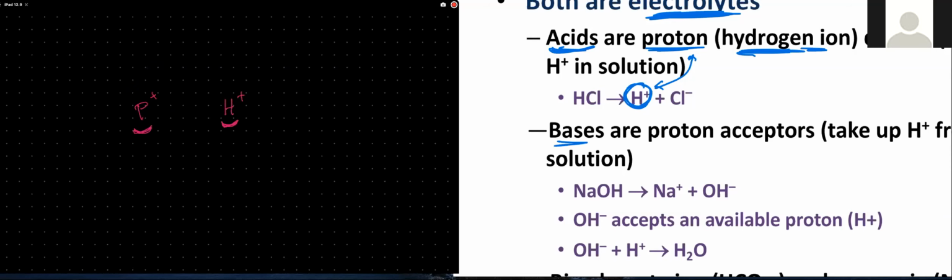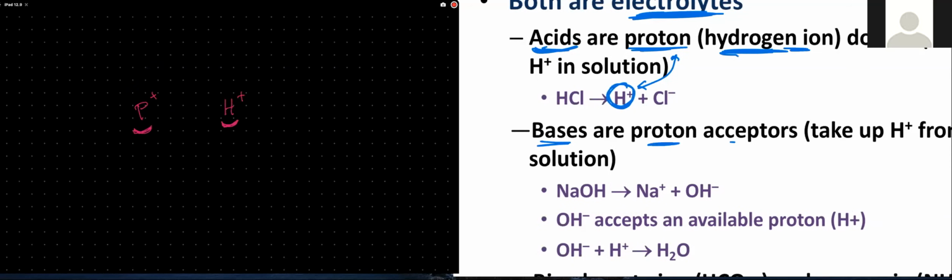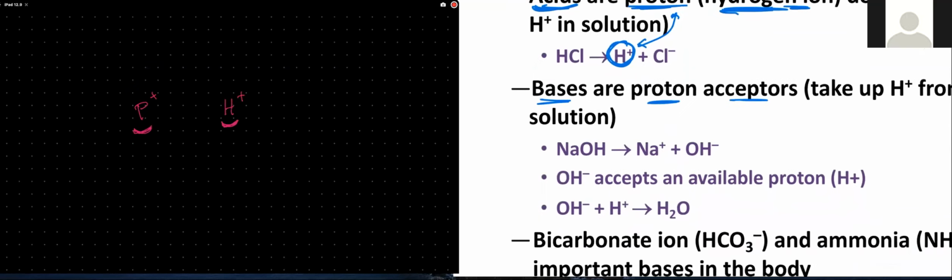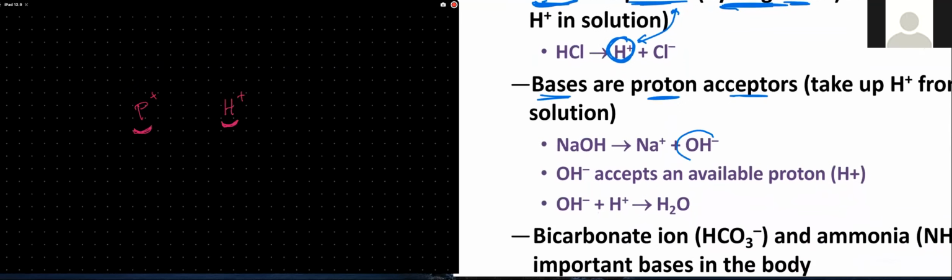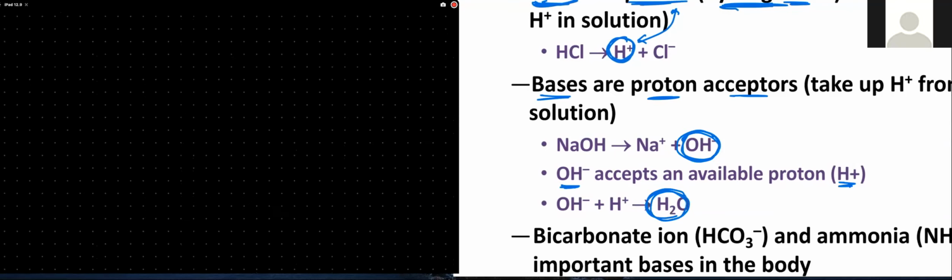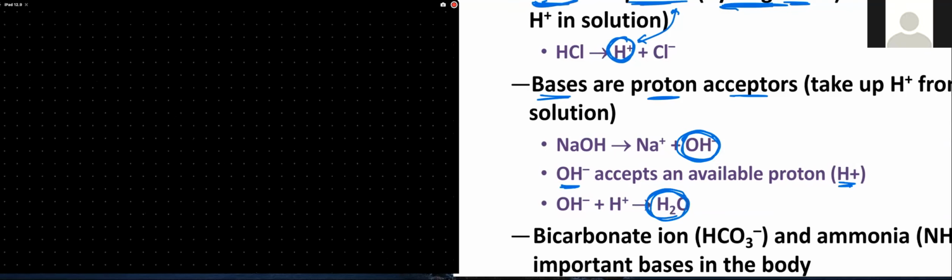Compared to that, a base is a proton acceptor. How am I accepting the proton? By forming a hydroxyl group when I dissociate. So when I dissociate, a hydroxyl group will accept the proton and will form water. So again, what is by definition an acid?